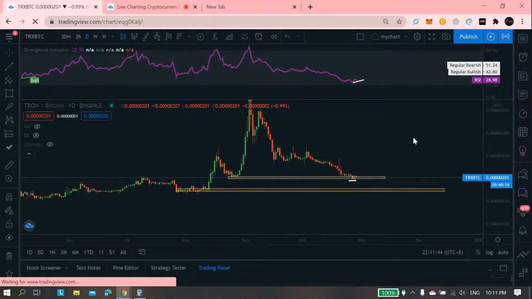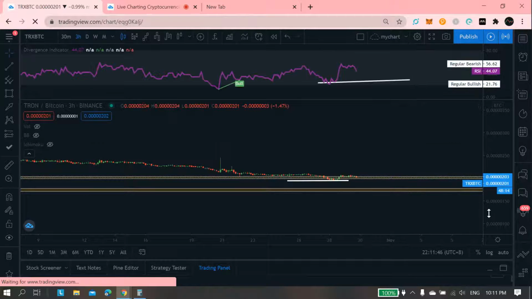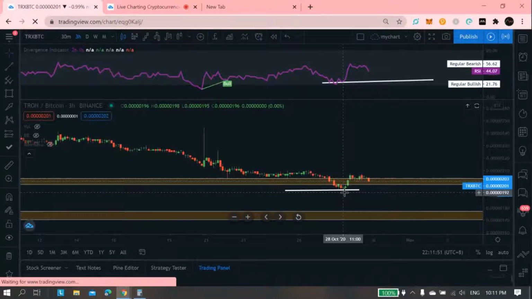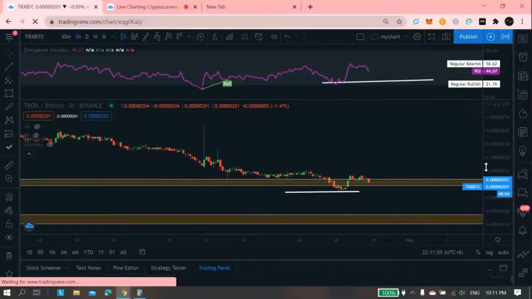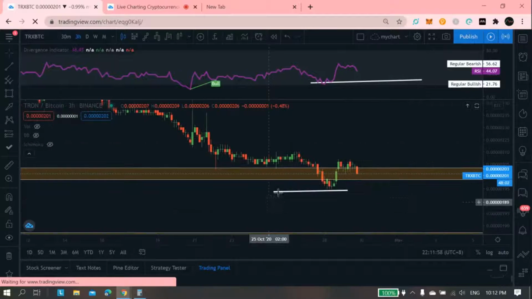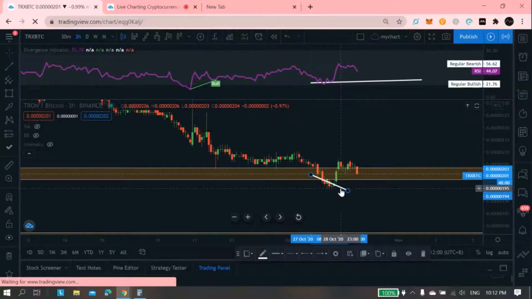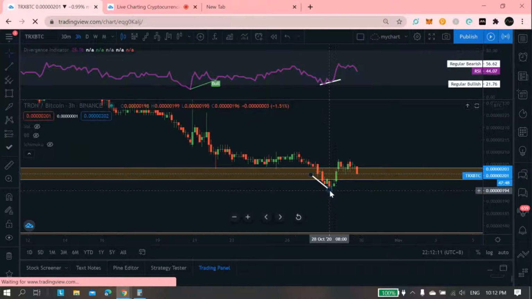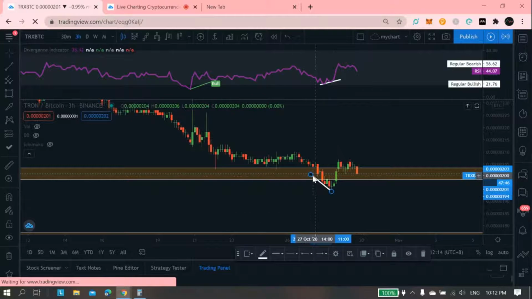Maybe we can check this lower time frame for you. This is the doji. I think that's actually a bullish divergence. You can just use this there.